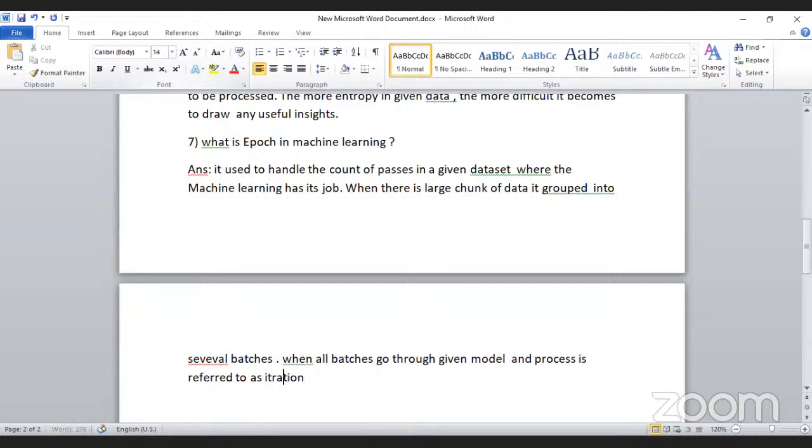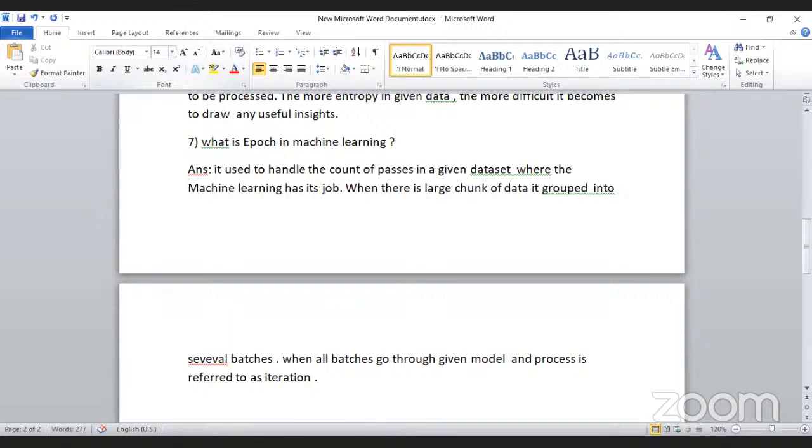When we group our data into several batches and send all these batches to a machine learning model, it is called an iteration.